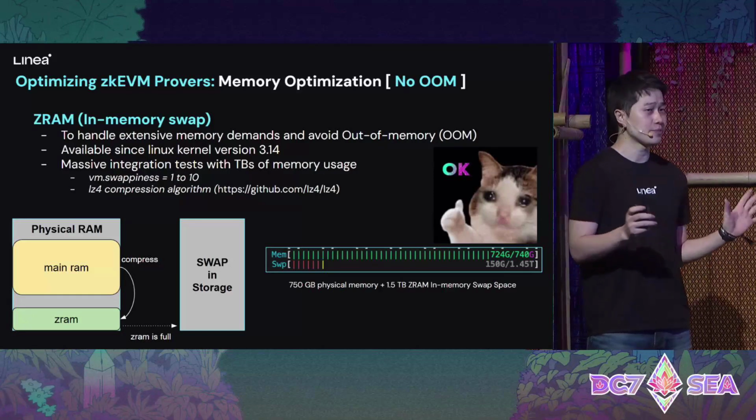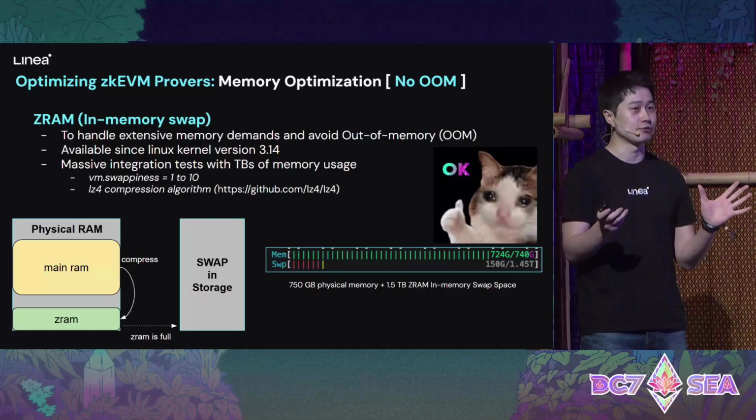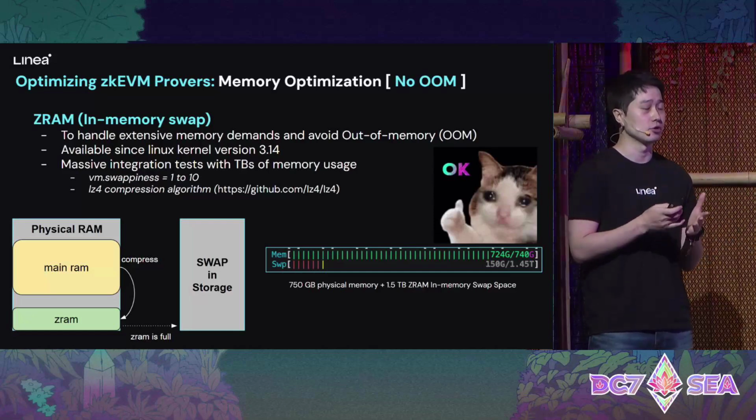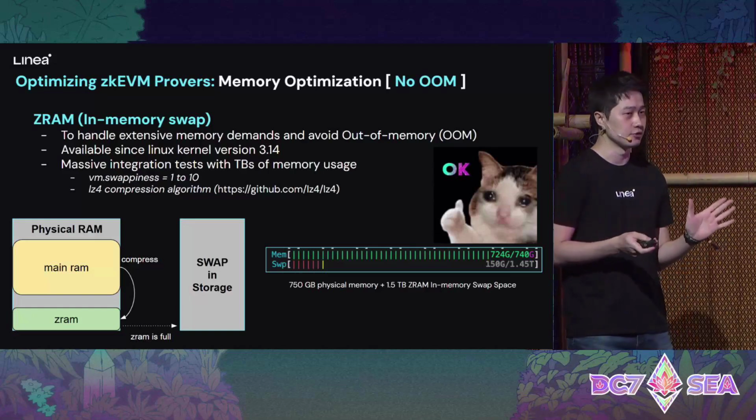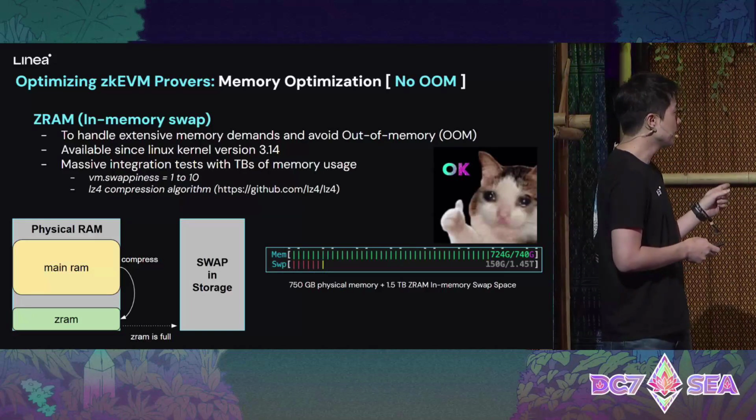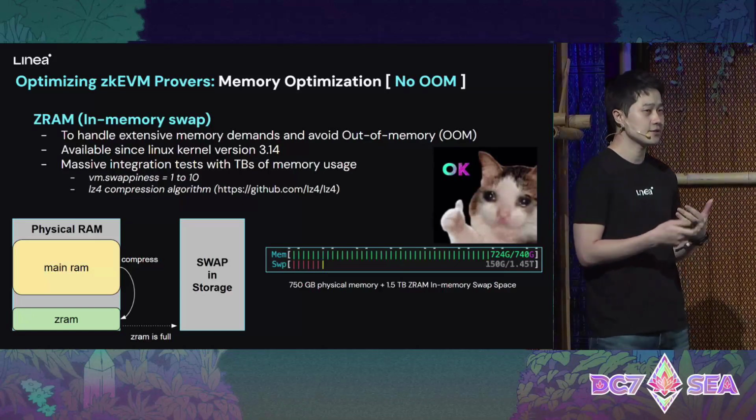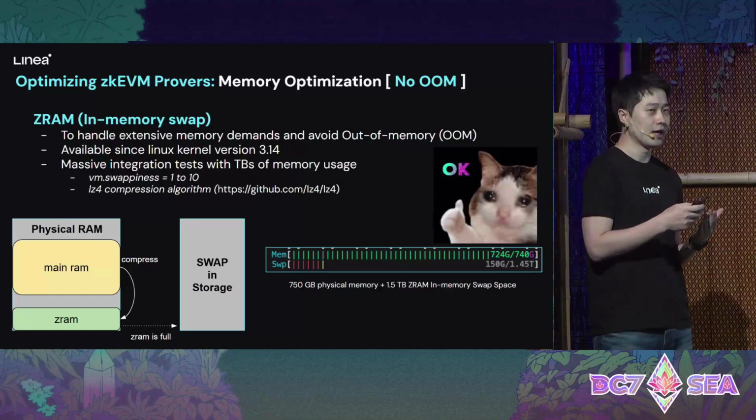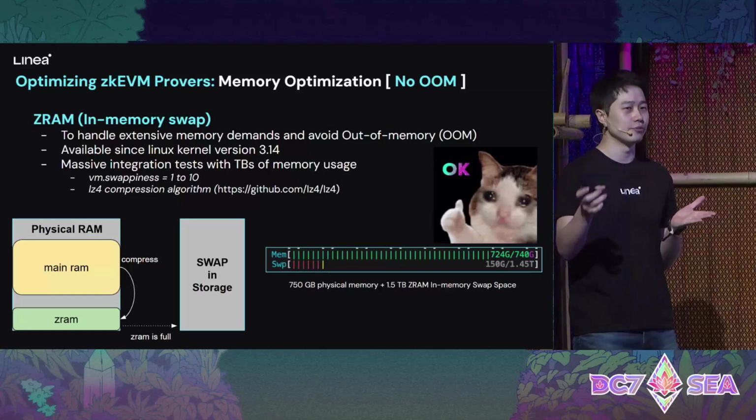We all know the swap space in storage or disk, right? But it's slow, so in production it's almost impossible to use it. But this feature is an in-memory swap. If you don't have enough memory, this will compress your data inside your memory and just store that within your memory.